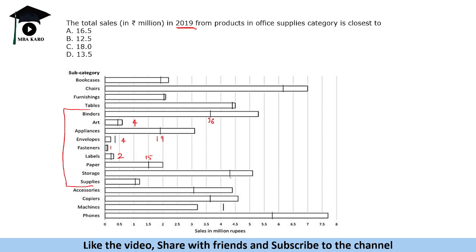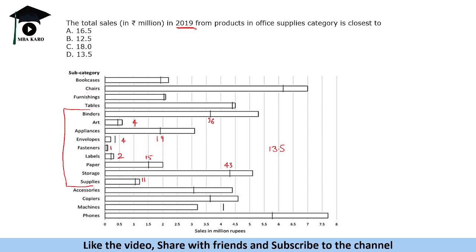This is somewhere 4.3, and supplies is 1.1, so let us take it 11. Don't forget to write zeros if required. If we add this: 40, 59, 63, 64, 66, 81, 81 plus 54, 135.